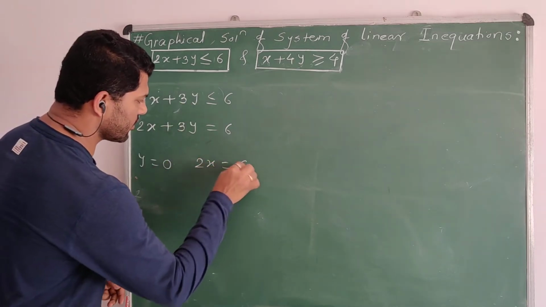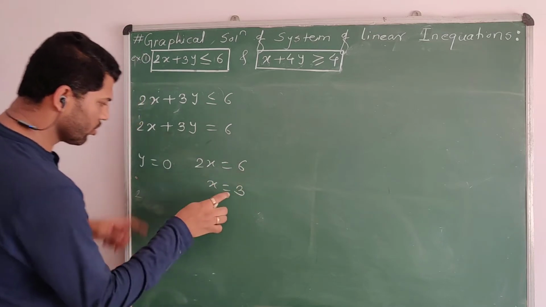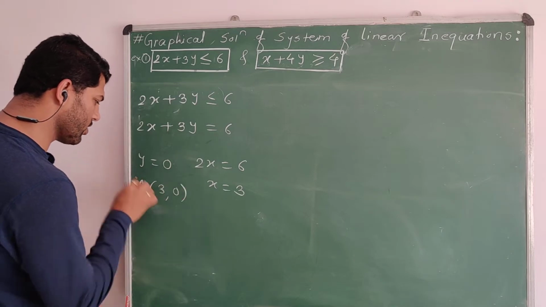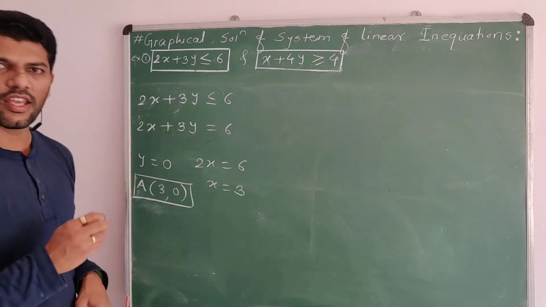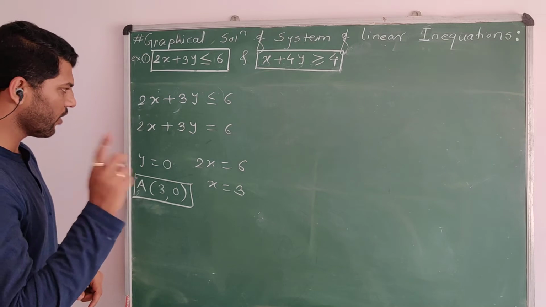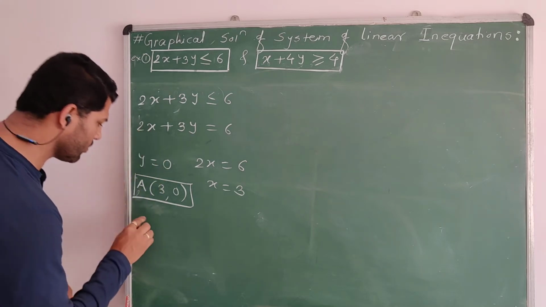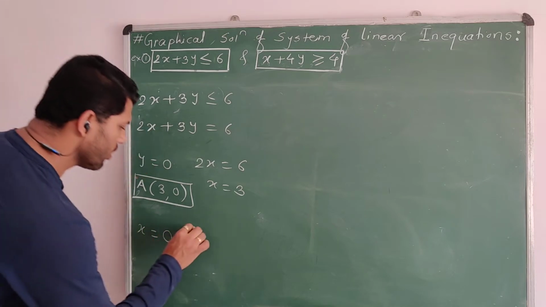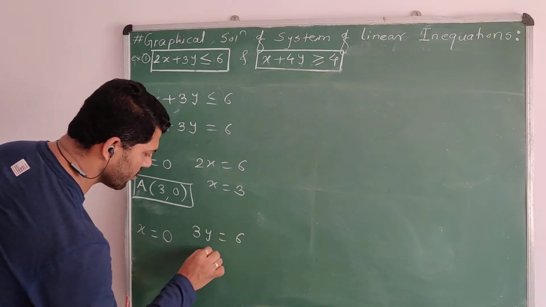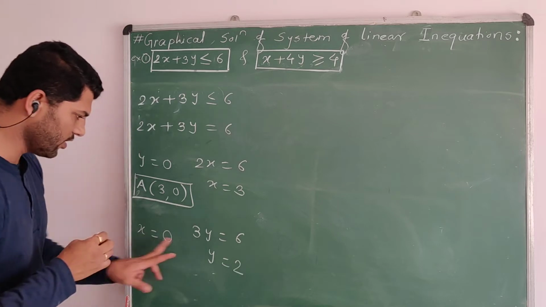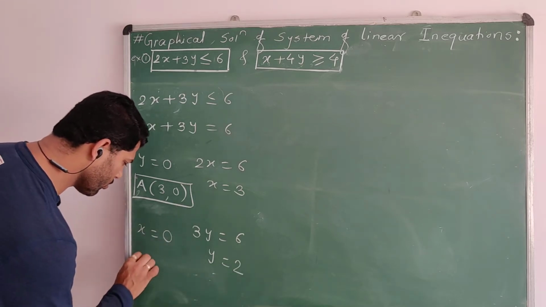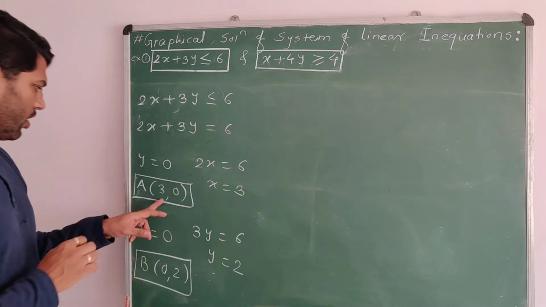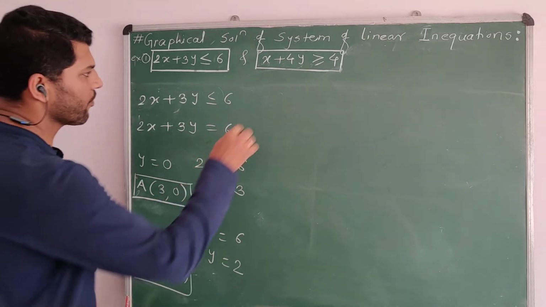Then 2x is 6, means x is 3, so the point is (3, 0). To find the point on the y-axis, substitute x equal to 0. So 3y equal to 6, y is 2. The corresponding point on the y-axis is (0, 2). So here we got 2 points on the line.